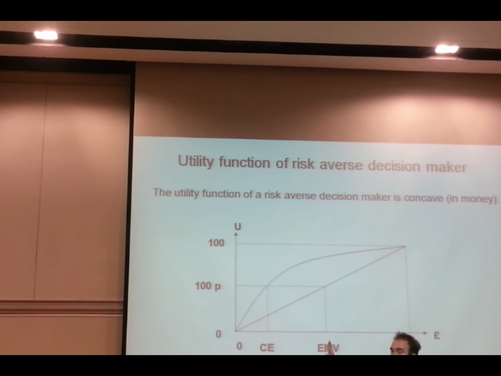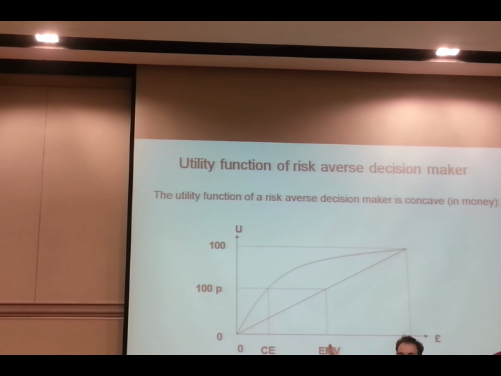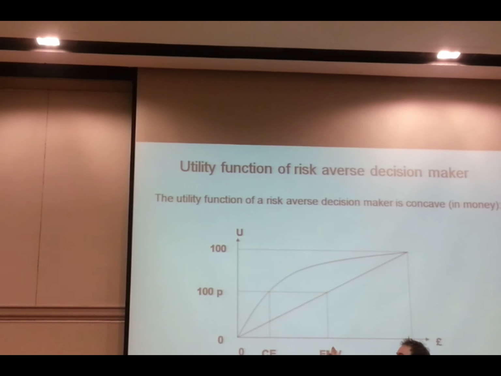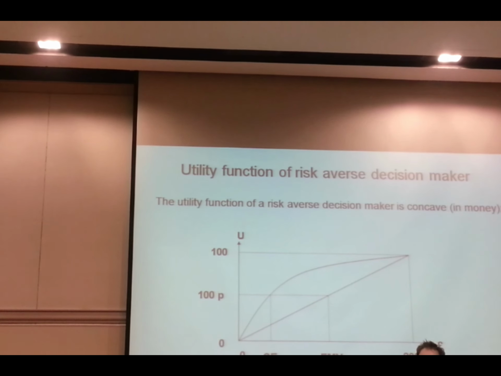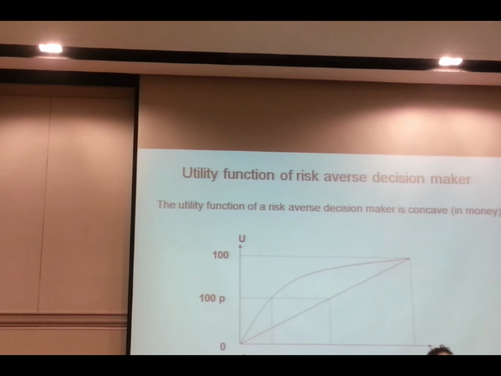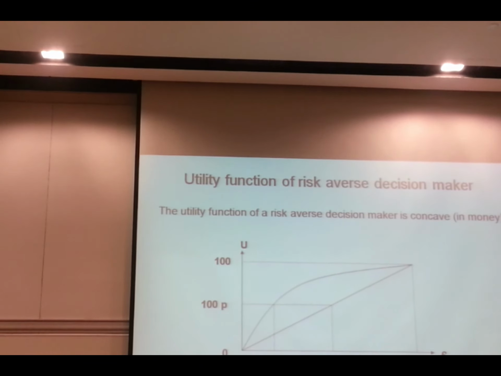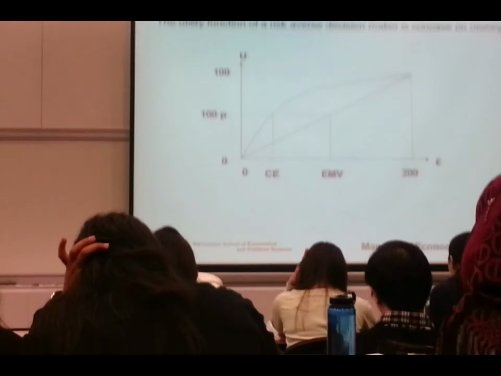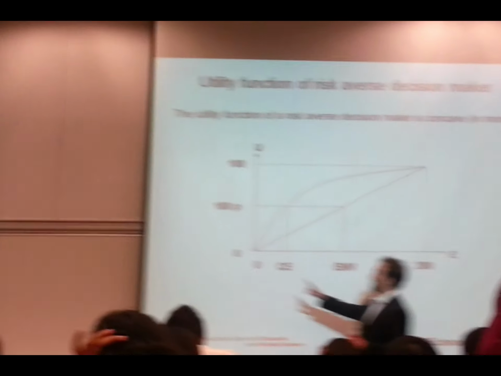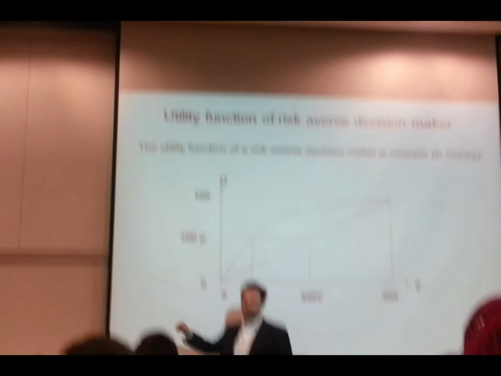I'm asking here, what if the same expected monetary value were paid out for sure, and I can see from comparing the two utilities, it's worth more to me if I get the amount of money for sure. Okay, so I get a higher utility. Remember here, the y-axis is the utility.